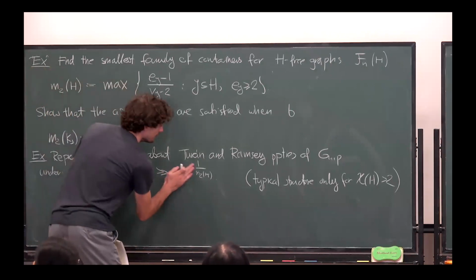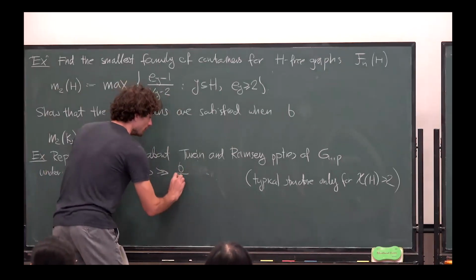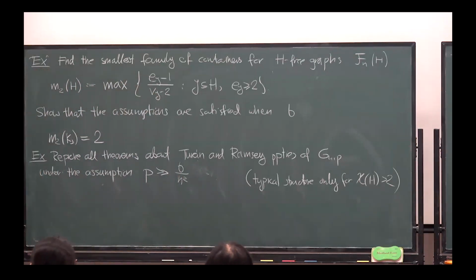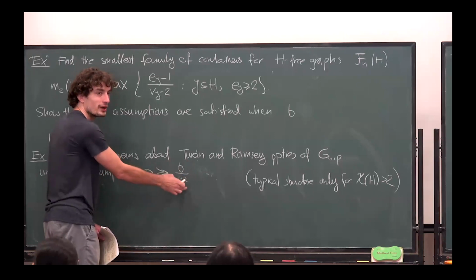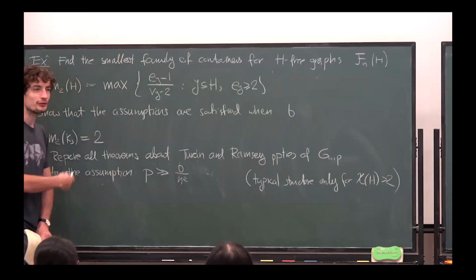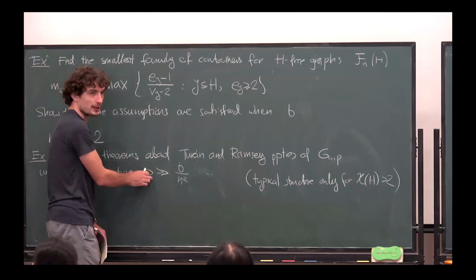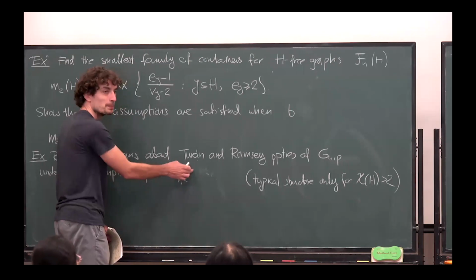Then you could prove the same theorems using the assumption that p tends to 0 slower than B over n squared. So this is the only assumption we need on p to push through all these arguments.